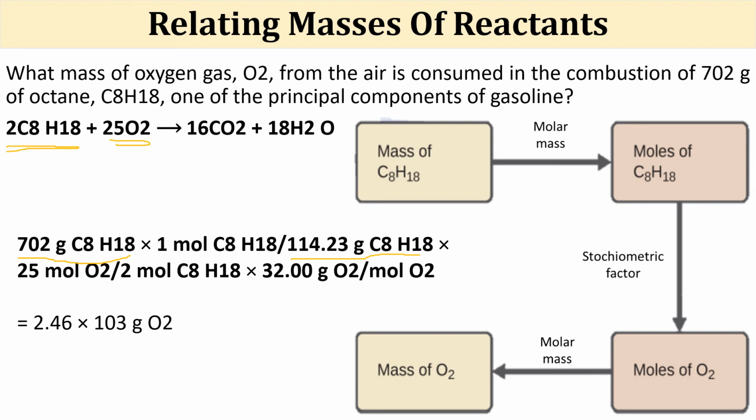So we're only looking at the reactants here. 25 oxygen molecules over the 2 octane molecules, times the molar mass of oxygen, which is 32 grams, which will give you 2.46 times 10 to the power 3 grams of oxygen.